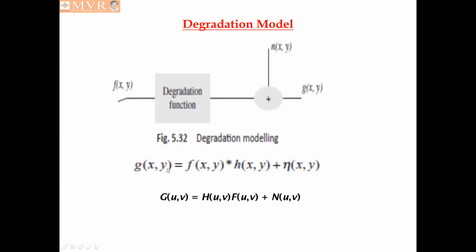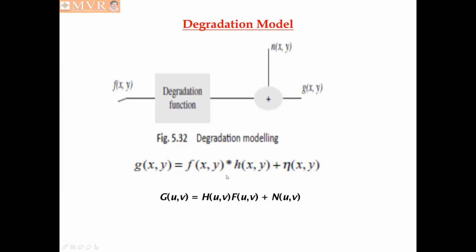For this equation, g of x comma y equals f of x comma y star h of x comma y plus eta of x comma y, if we apply the Fourier transform, we get g of u comma v, which is equal to h of u comma v into f of u comma v plus n of u comma v. This is because of convolution. If f and h are convolved in the spatial domain, they are multiplied in the frequency domain.